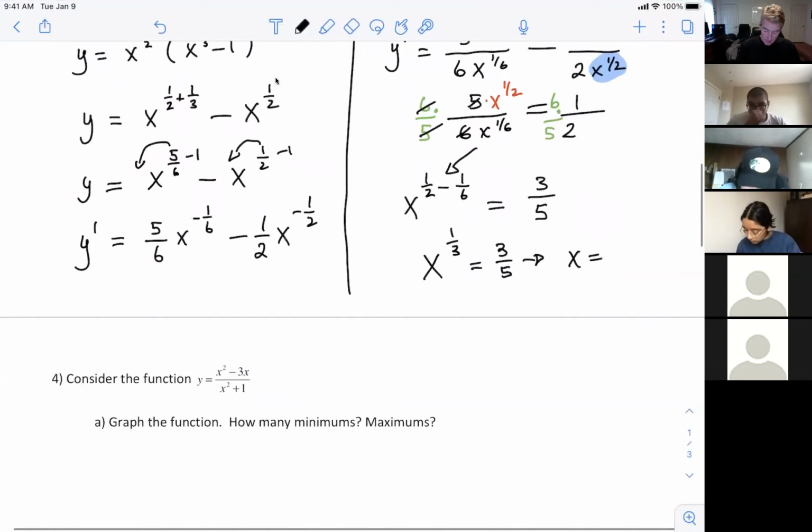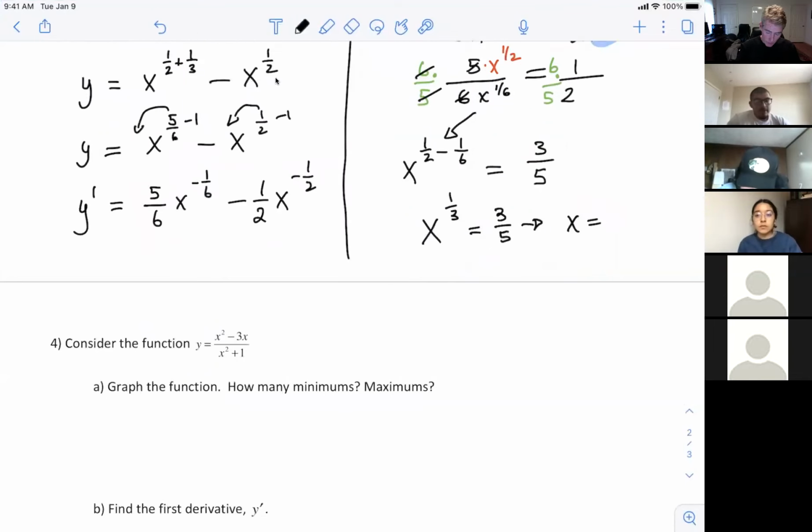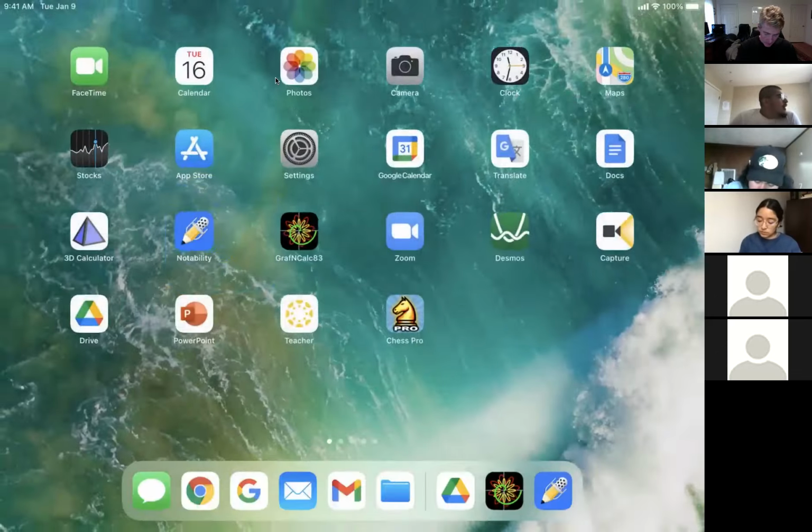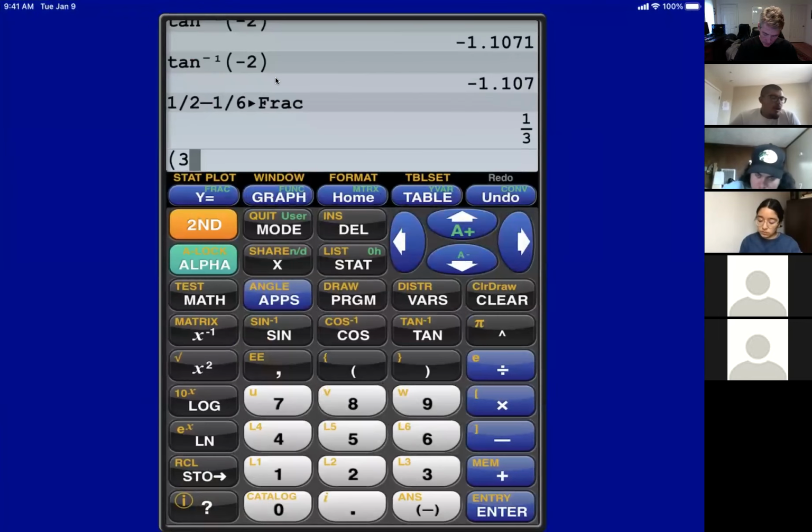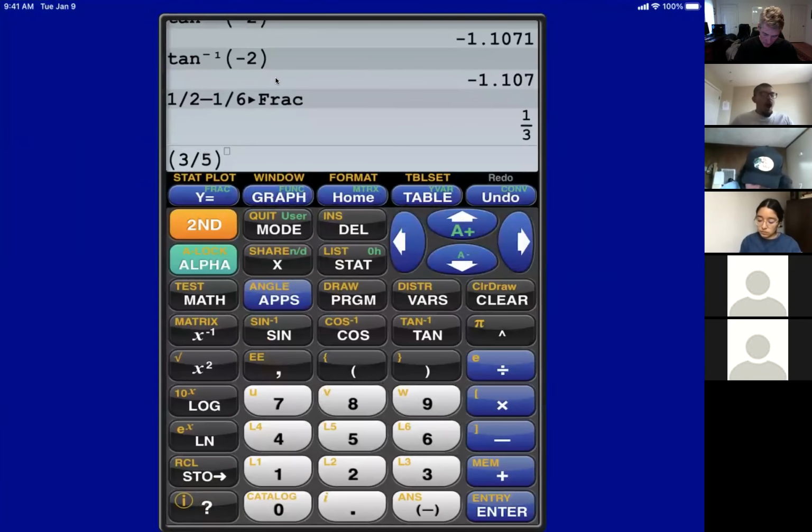And then the last thing to do to solve for x is cube both sides. So it's going to be 3/5 gets cubed.